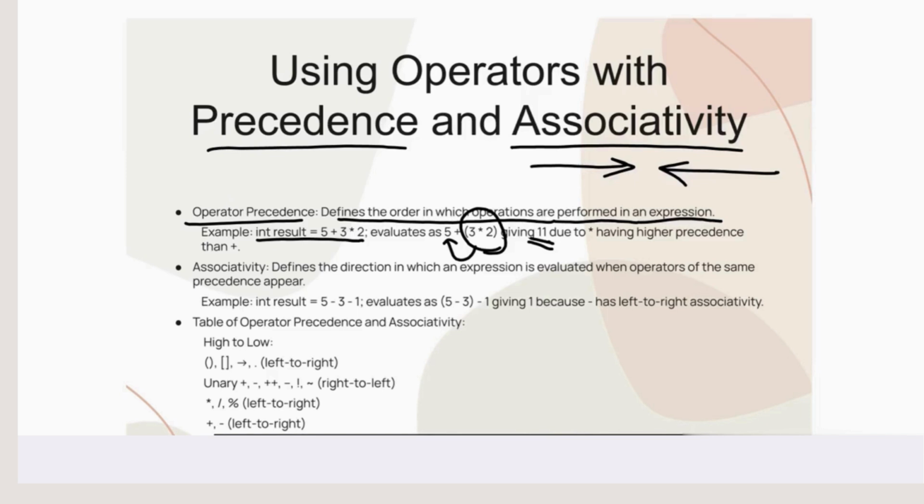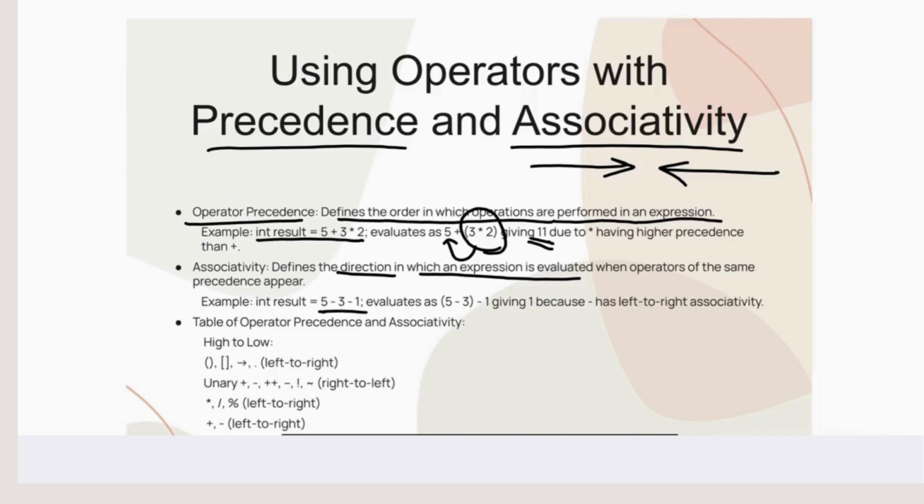And associativity defines the direction in which the expression must be evaluated. Could be from left to right or right to left. So let us say I have an expression where I am having operators of the same precedence. Then in that case, how should it work? With an example, 5 minus 3 minus 1.